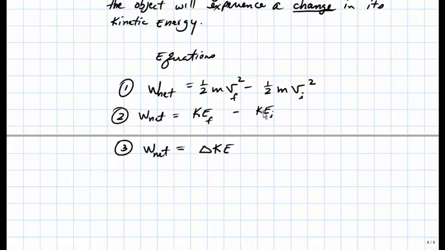We will now apply the Work-Energy Theorem to an example.